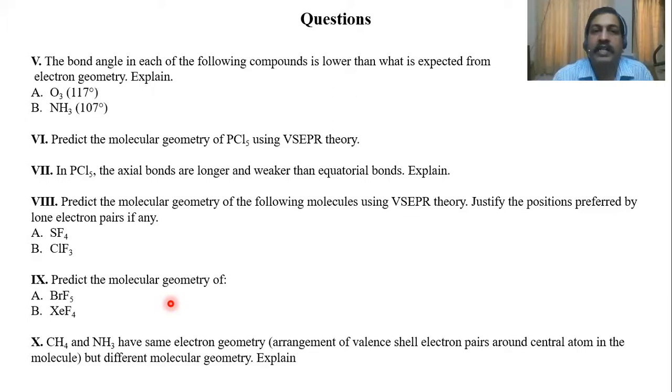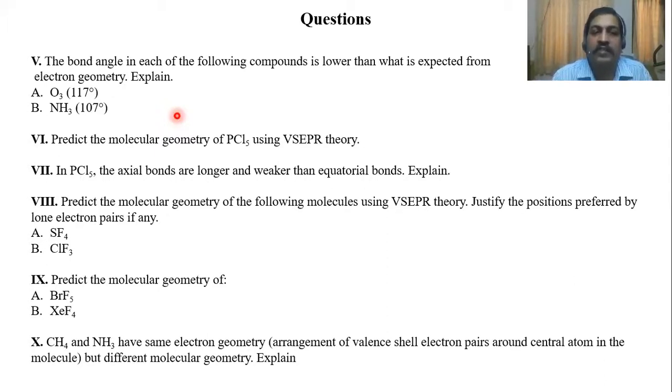The bond angle in each of the following compounds is lower than what is expected from electron geometry. Explain. The bond angle will be lower when there are one or more lone electron pairs on the central atom, and that happens due to lone pair bond pair repulsions. Next, predict the molecular geometry of phosphorus pentachloride using VSEPR theory.